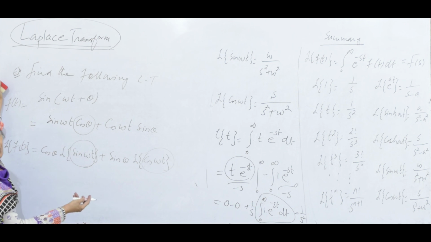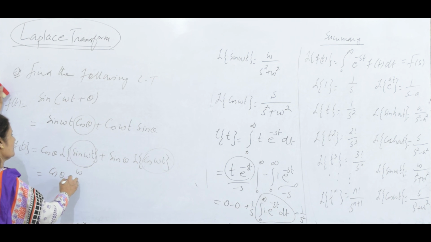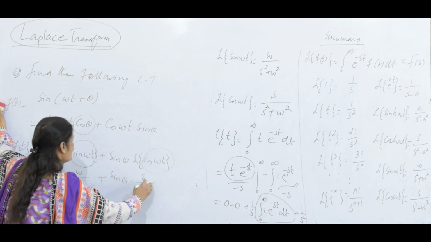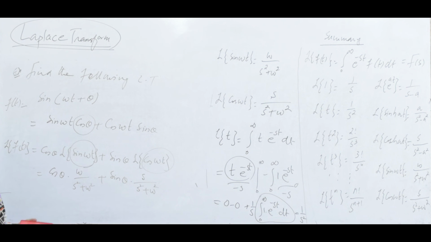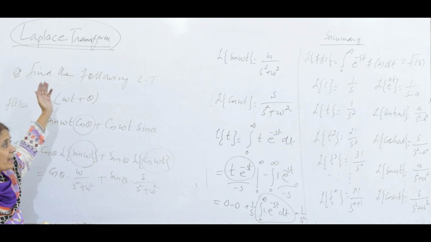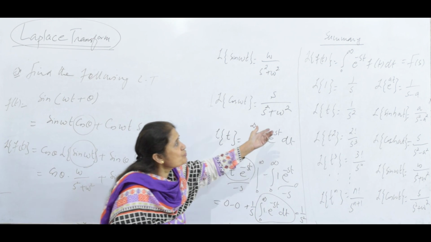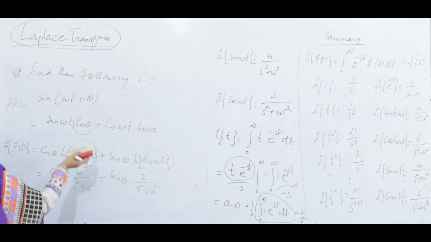Putting the values there, cos theta as it is, times omega over s square plus omega square, plus sine theta times s over s square plus omega square. So this is the answer. Because you do not know the Laplace of the whole, you have to convert it into elementary functions, because what you know is this, and you do not know anything else.